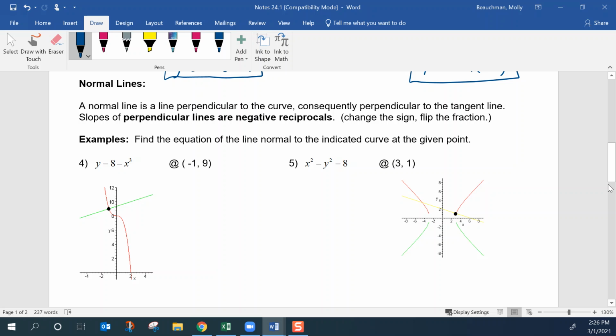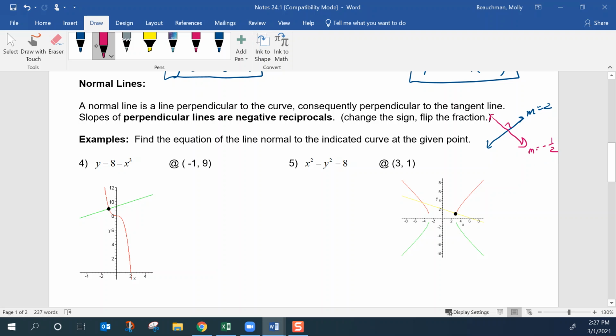Change the sign, flip the fraction. What does that mean? If I have a line where the slope is equal to 2, then the line perpendicular to that, meaning it meets it at a right angle, is called a normal line. The slope of that line would be the negative reciprocal of my other line.